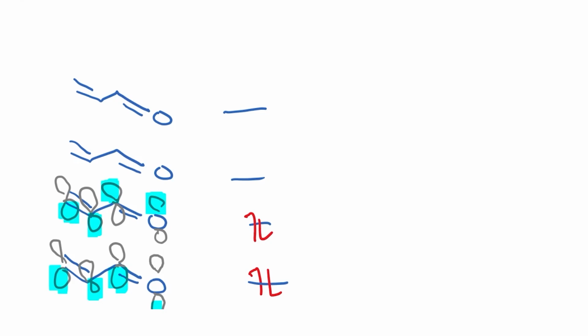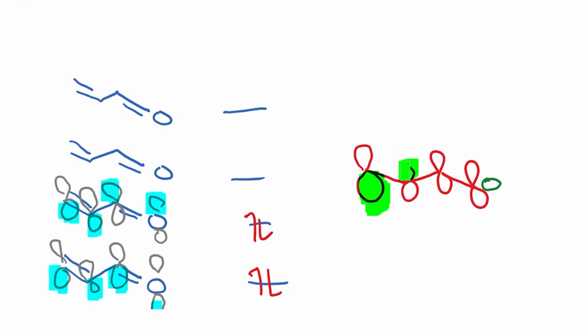Now coming to the third, which is the LUMO, the lowest unoccupied molecular orbital, the picture looks something like this. There's a slightly smaller lobe over here, a slightly smaller lobe over here, and then there's a lobe for the oxygen. Now we need not worry about how these orbitals have been calculated, but the important point here is that the largest coefficient is going to be at this beta position.